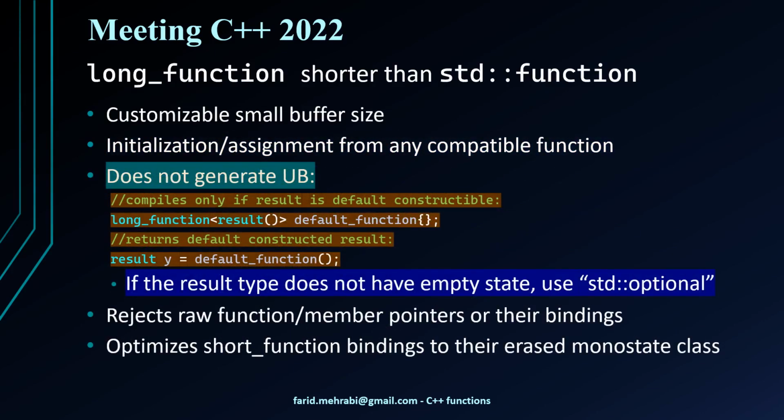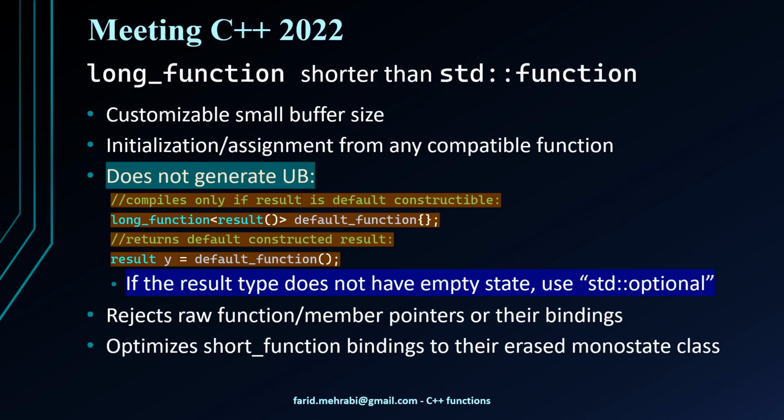Like short function, the long function class should not be a source of any UB or exceptions. That means this class has an empty state only if its result type has an empty state. Default construction produces that empty state.